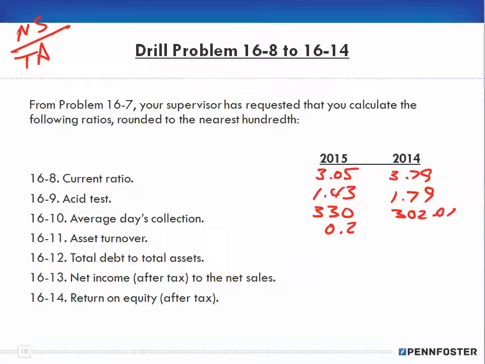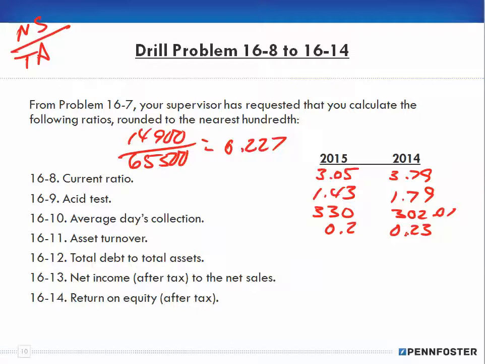So I have 14,900 divided by 65.5, and that gives me 0.227 or 0.23, okay, for 2014.